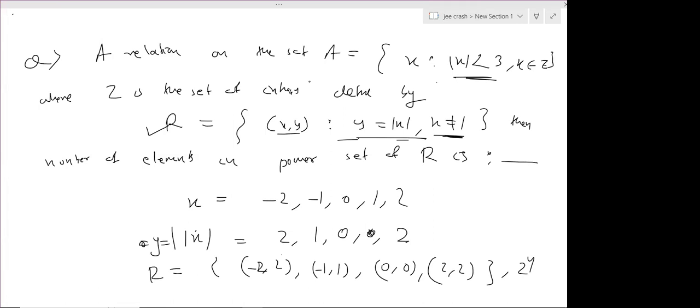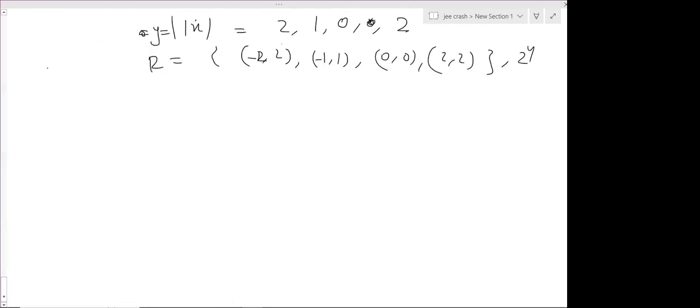Okay, a few more questions on this. The next question is JEE Main 2013.